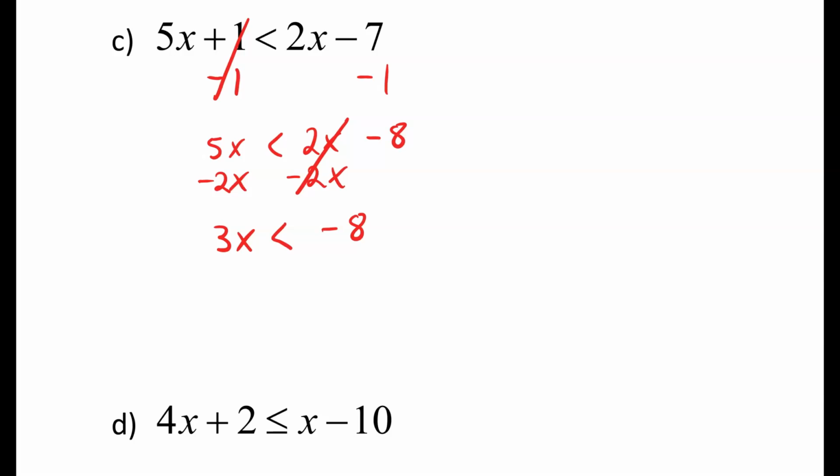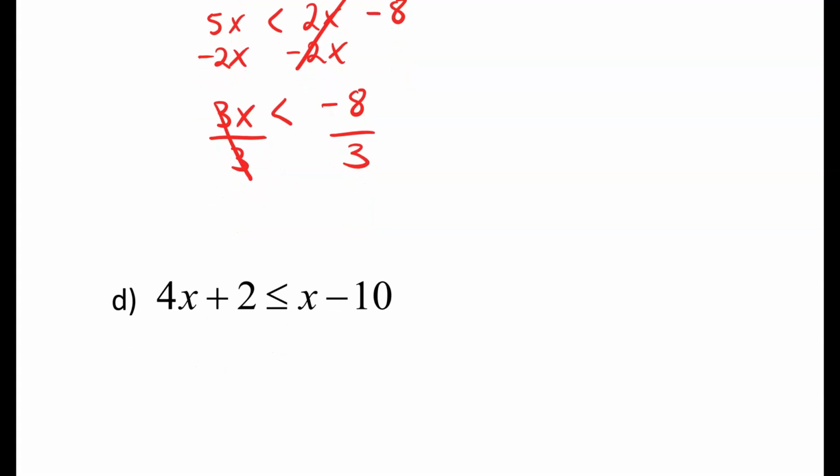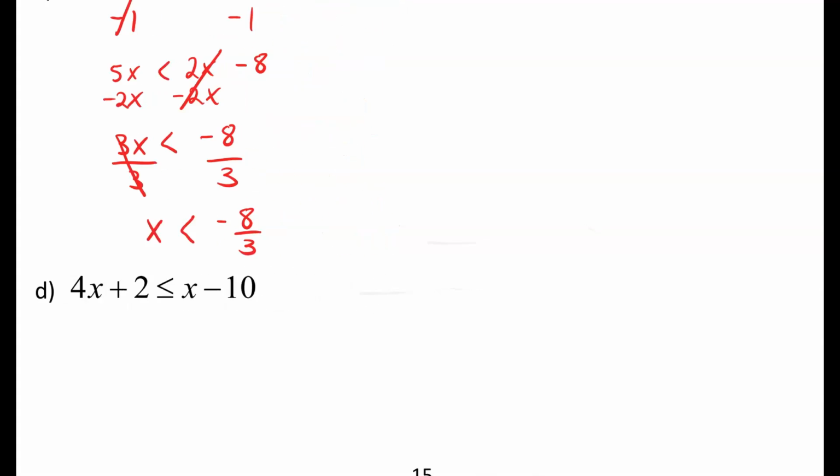Now we have to isolate x by itself, meaning we have to get the 3 off of the x. So we divide by 3 and divide by 3, canceling it on the left-hand side, and we get x by itself, which is less than -8/3.